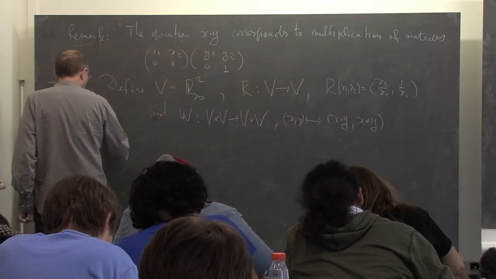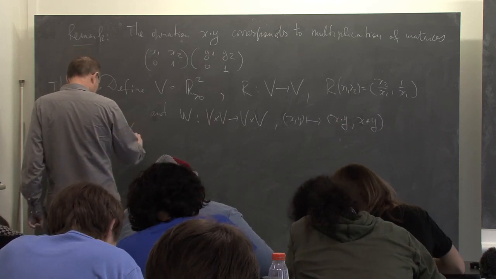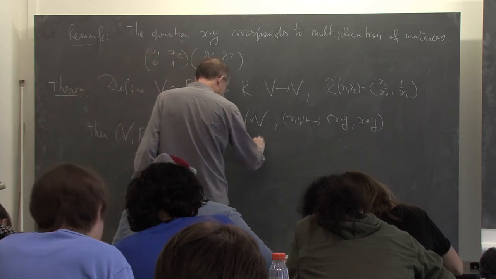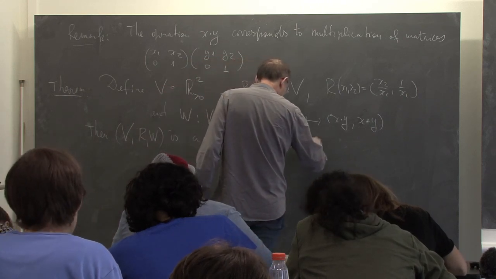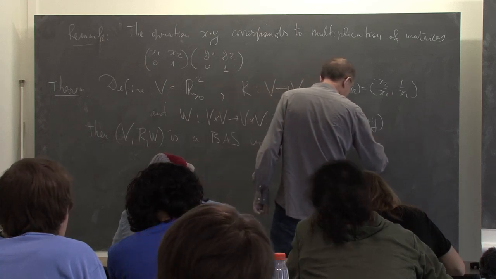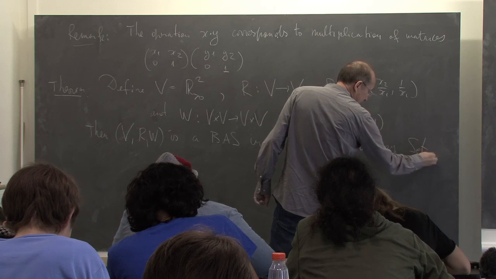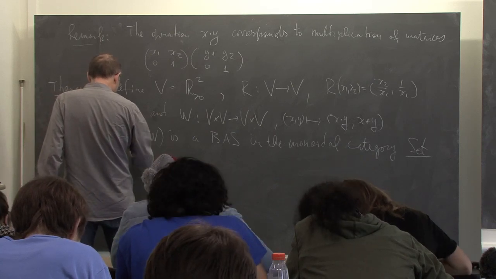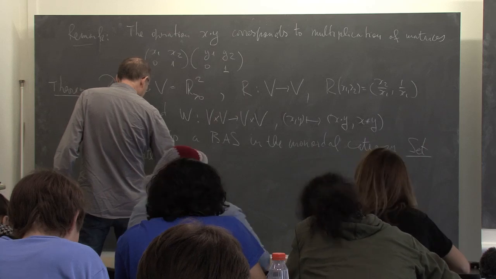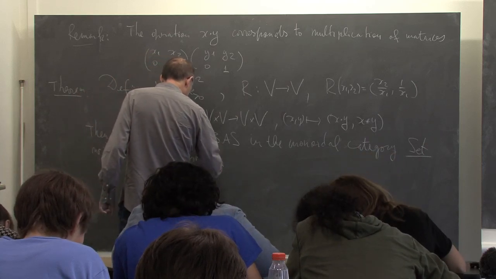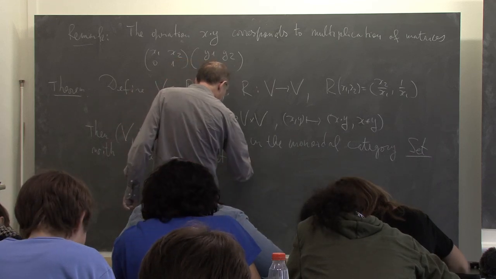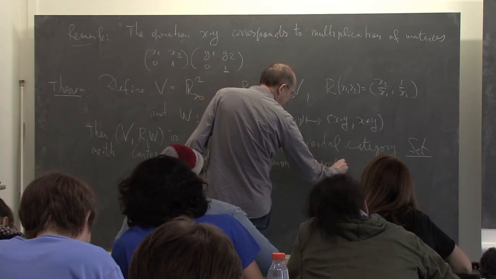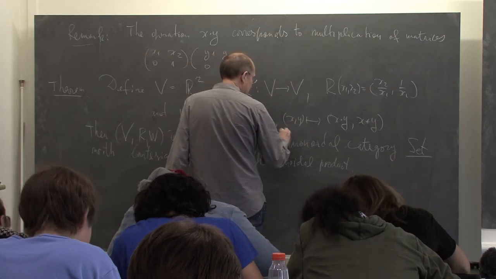Then the triple of objects V, R, W is a basic algebraic system in the monoidal category of sets with a Cartesian product as a monoidal product. Yes, in the symmetric monoidal category, symmetric.